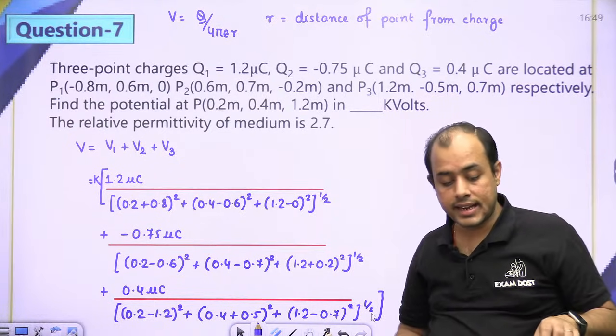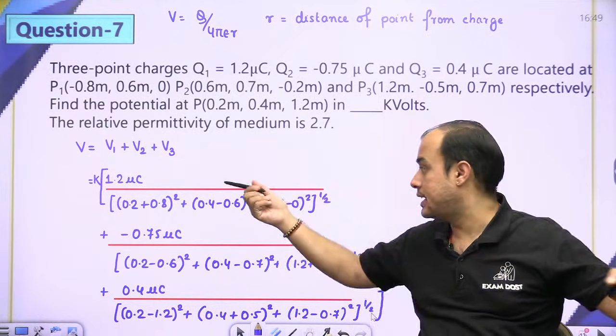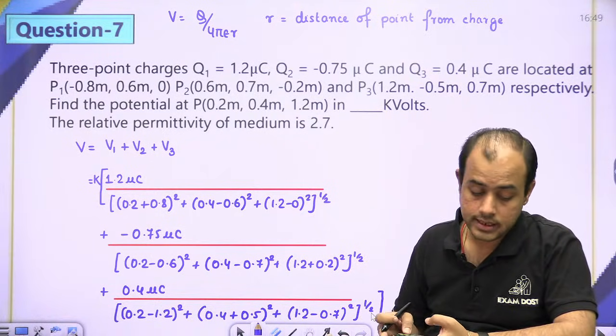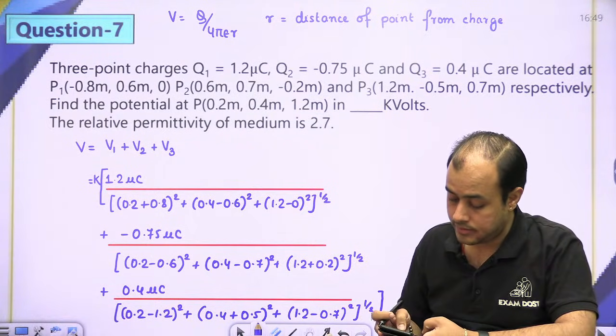Now k is 9 into 10 to the power 9. This is micro, 10 to the power minus 6. So 9000 will stay outside.